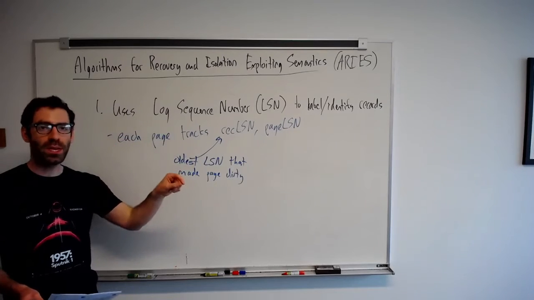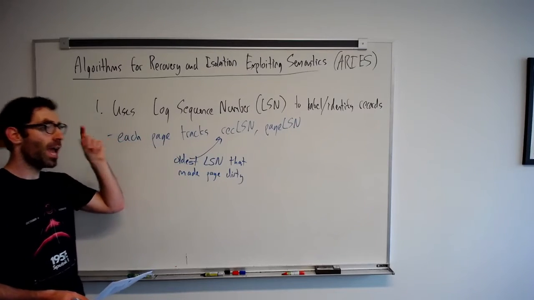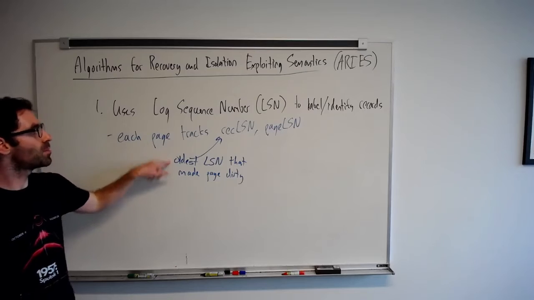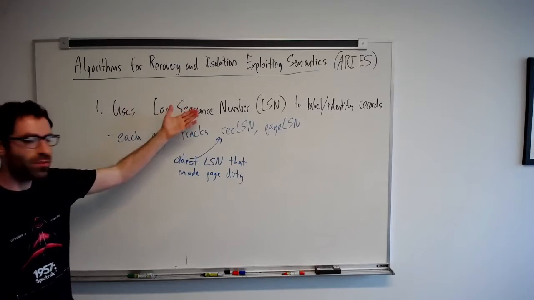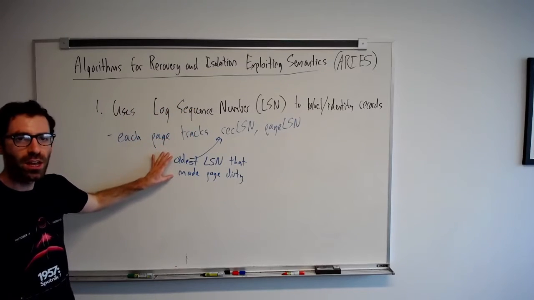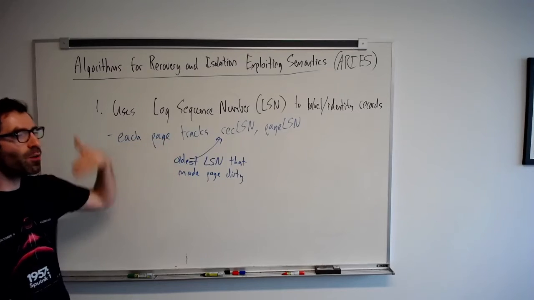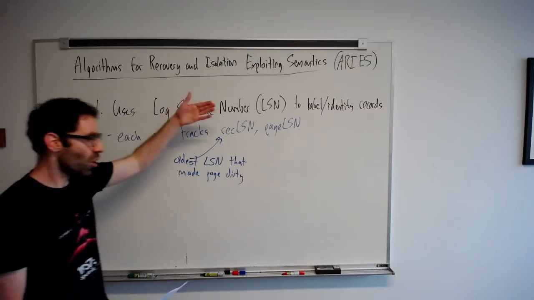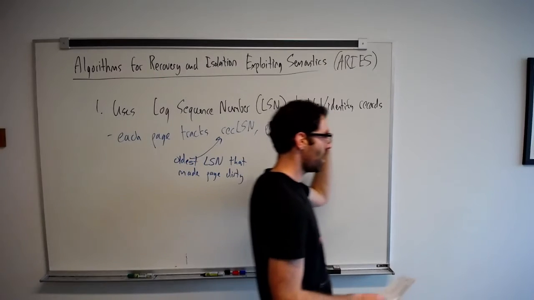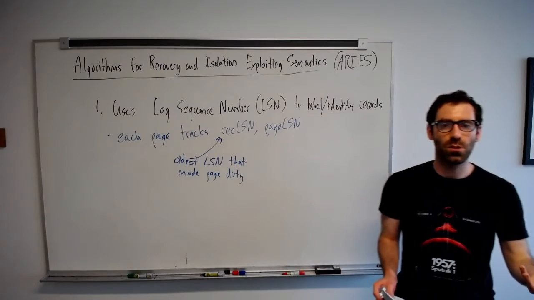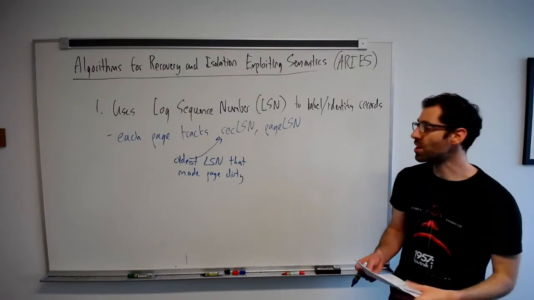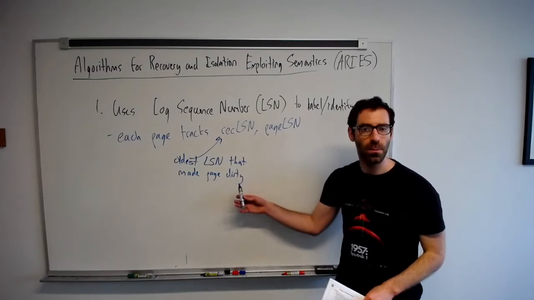There's some update made to data in that page, and that update goes in the log, and the log sequence number of that update becomes the rec.lsn of that page. So this tells us how far back in the log to go to see the first update to the page that has not been written out to disk, right? Because this is for dirty pages.